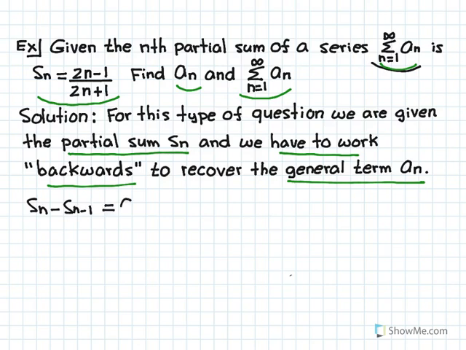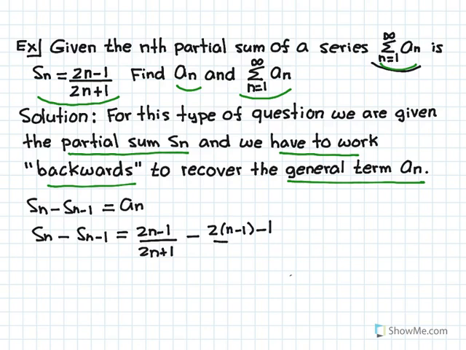So Sn is (2n minus 1) divided by (2n plus 1), minus Sn minus 1. Plug in n minus 1, so we get 2 times (n minus 1) minus 1, divided by 2 times (n minus 1) plus 1.